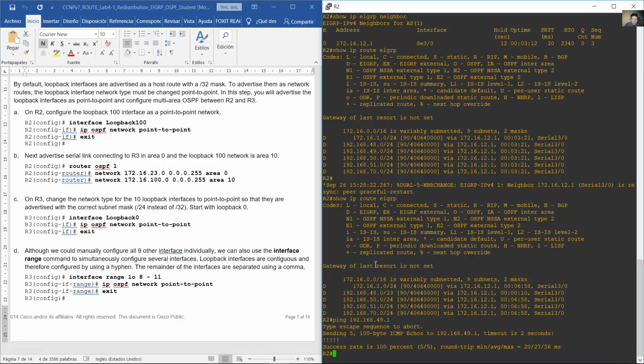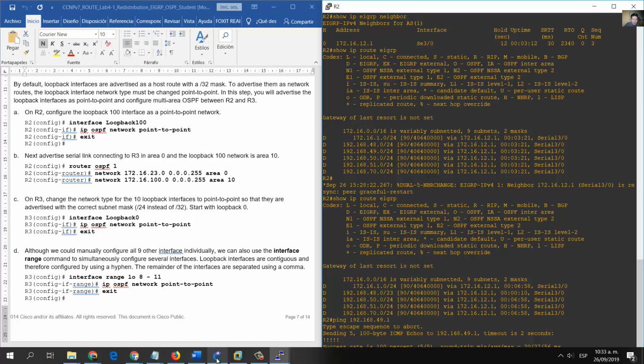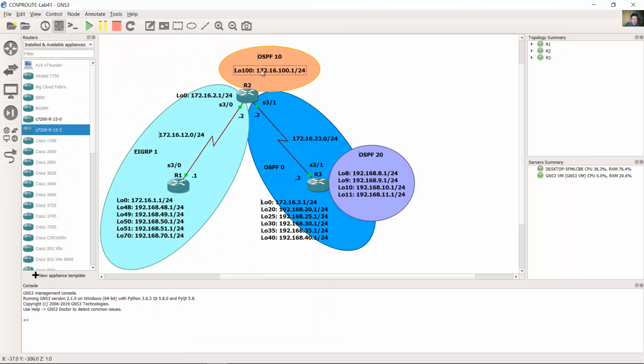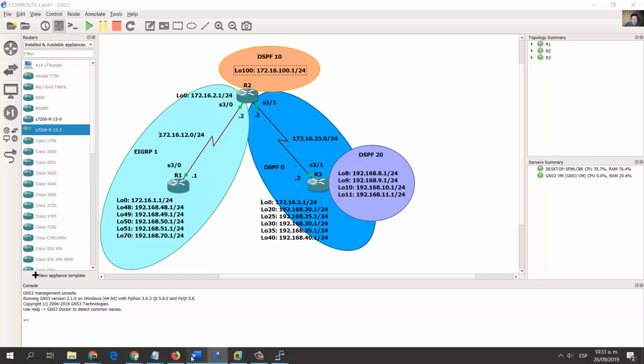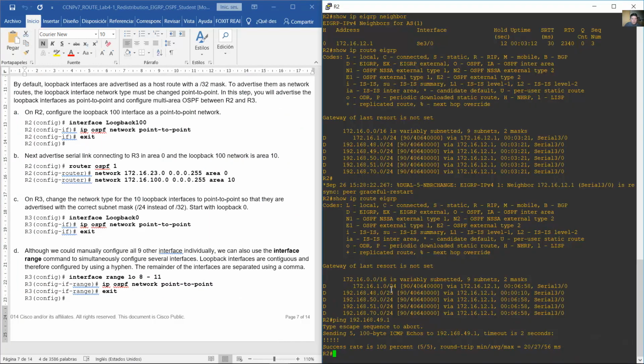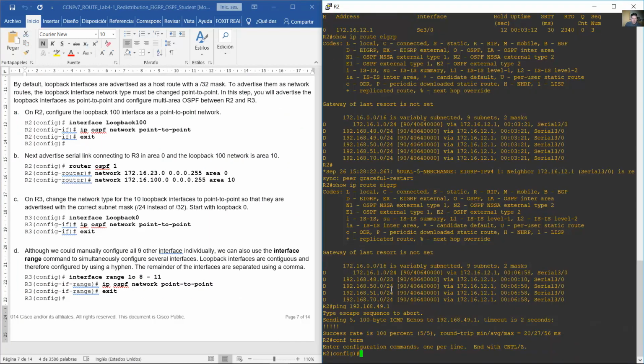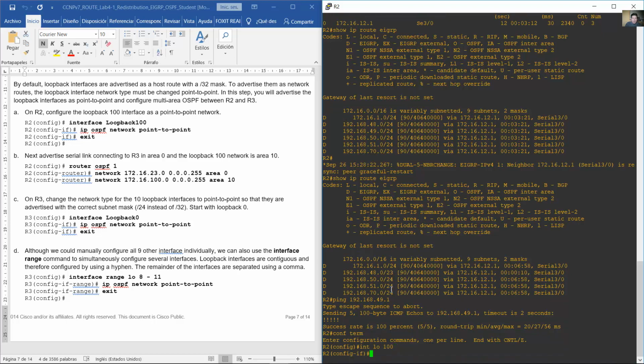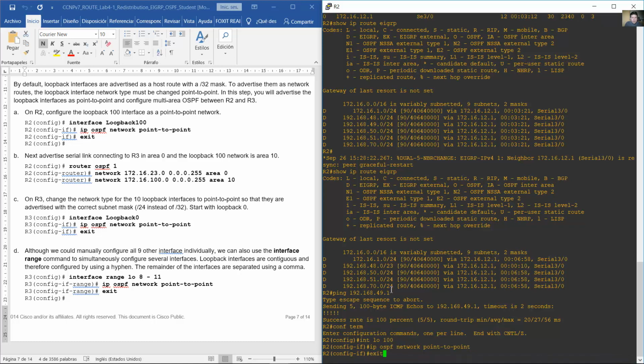Okay, go to R2. Remember, you have loopback 100 and serial 31 configuration. You need to configure these two interfaces. Configure terminal, interface loopback 100, ip ospf network point-to-point, exit.